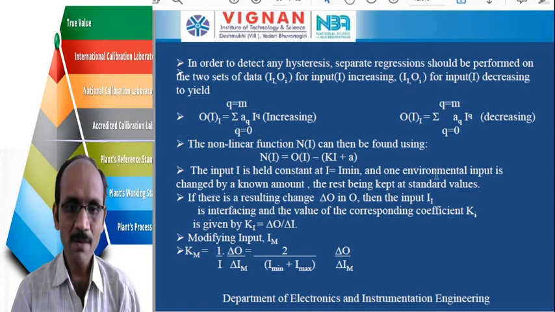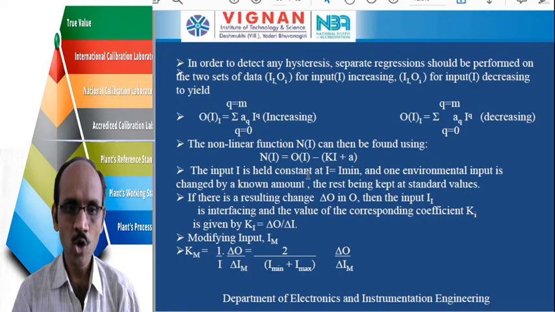If you take a pressure transducer which is used in the field, in the field we have a large number of environmental parameters like temperature, pressure, moisture content. These can be taken as the environmental inputs. Here the input for the pressure transducer is the pressure and the output is the voltage.